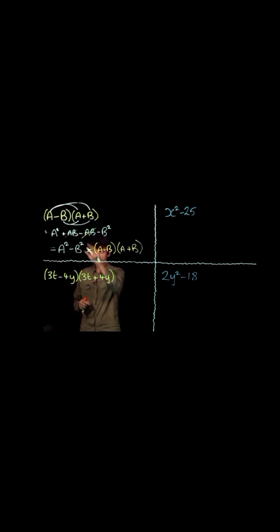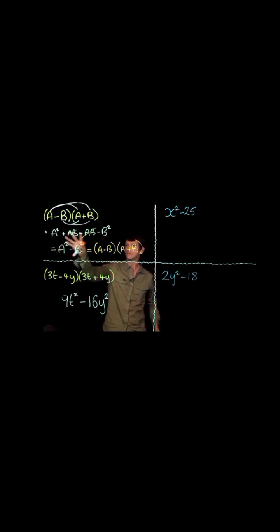So using this formula, I can just say, right, a squared, looking at the first term, is 3t, and I need to square that, which is going to give me 9t squared, subtracted by b squared. b in this case is 4y. If I square that, I'm going to get 16y squared. And that's it done. How much faster is that than actually doing the full expansion? That's the difference of two squares.